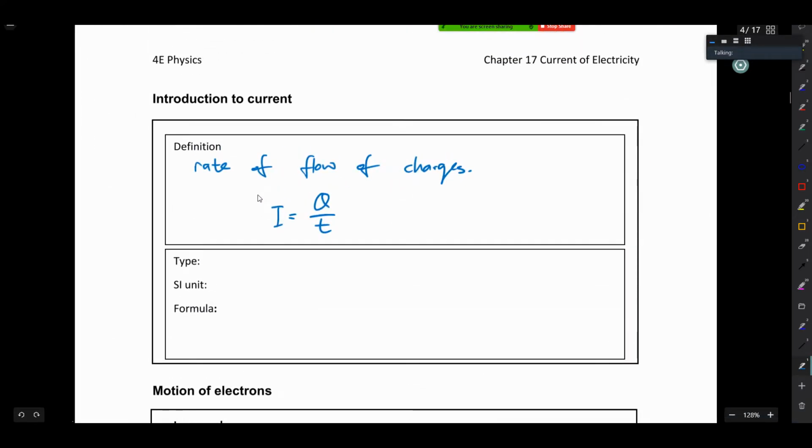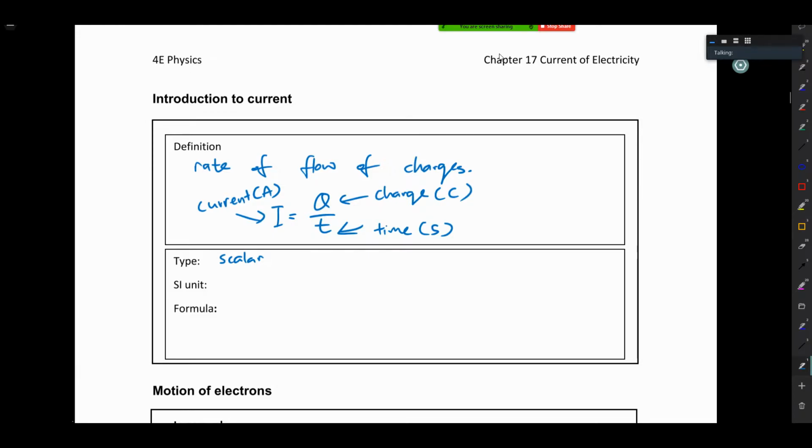The symbol for current is I. Q is charge, and T is time in seconds. Current is a scalar quantity, which means there's no positive or negative. The SI unit is ampere, known as A.